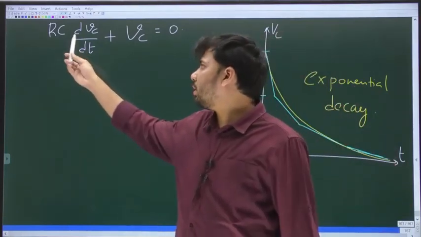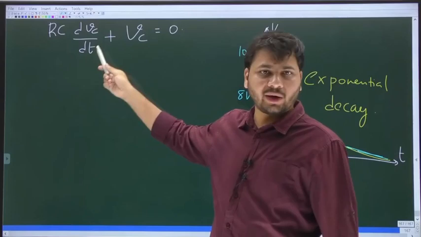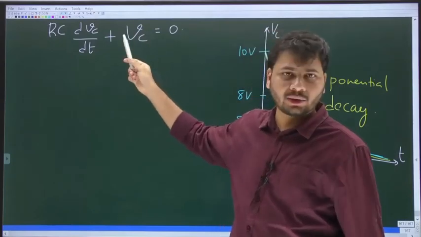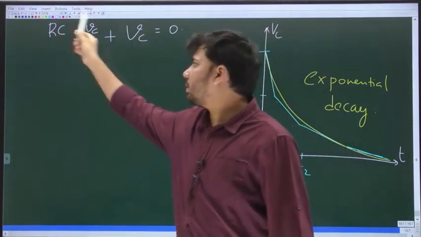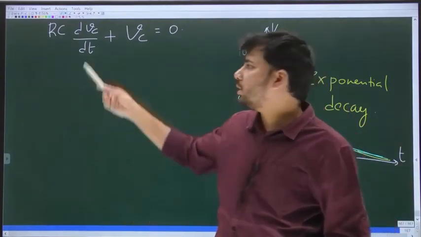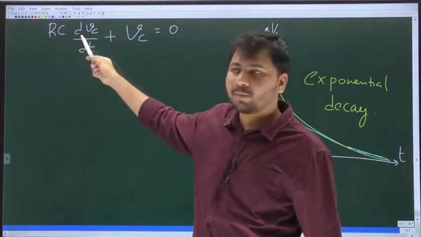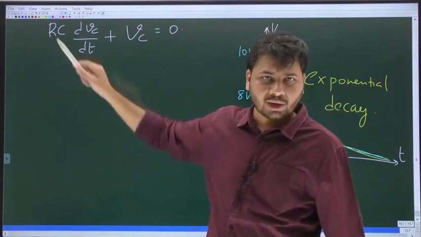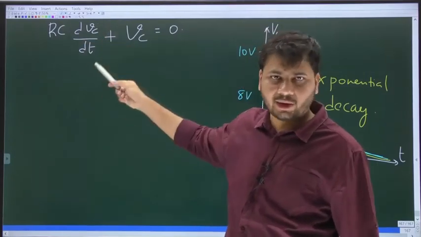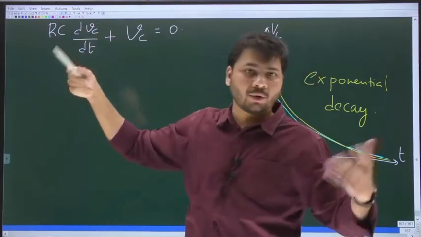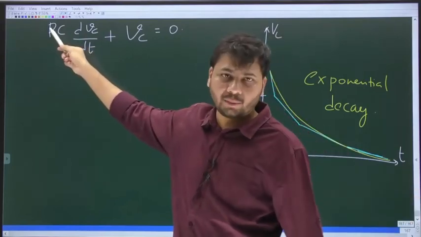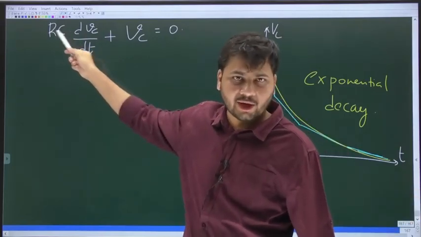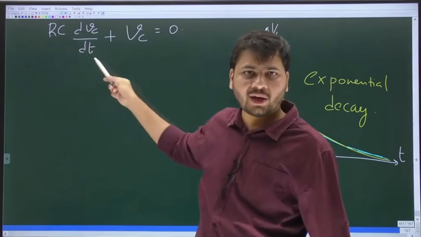Now RC into dVc by dt plus Vc. Vc is voltage, so even the first term must be voltage. Now this RC is getting multiplied with voltage by time, and you want this entire thing to be voltage. That means RC should be time. dt is also time. Time and time will get cancelled.